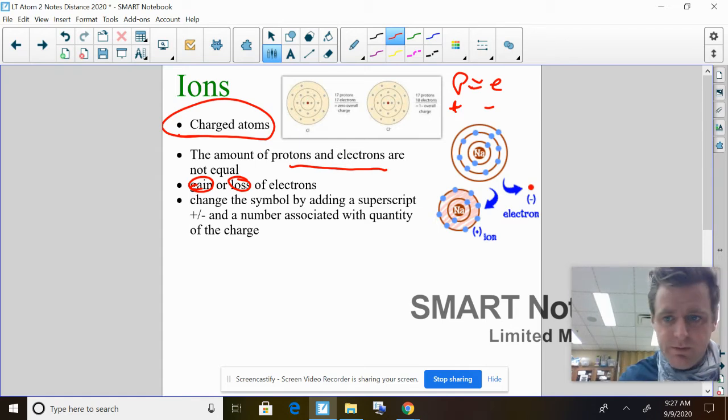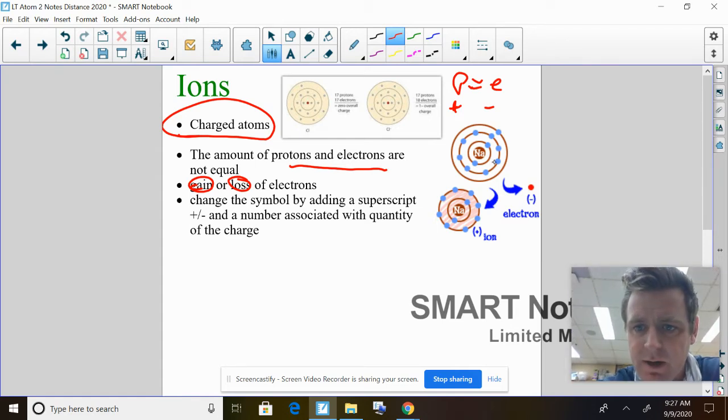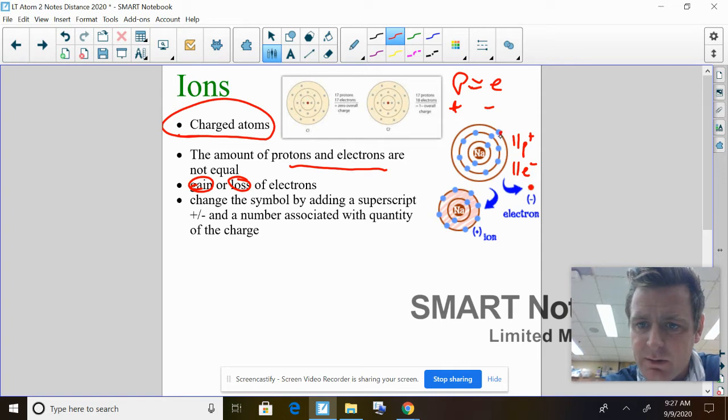So in this case, you have an elemental sodium right here, which has got 11 positives, always got 11 positives, and it's got 11 negatives. All right. If this little electron decides to leave, what happens is we lose a negative and it becomes positive. So I have 11 protons positive and 10 electrons.